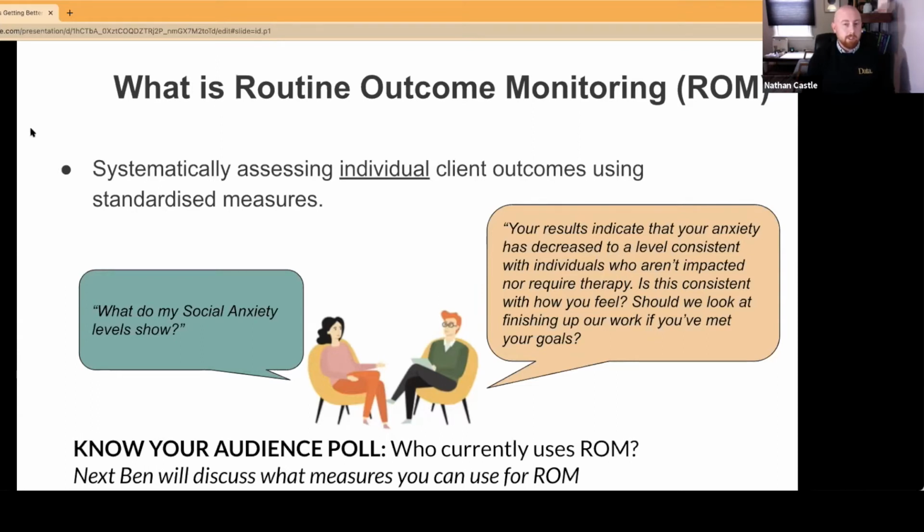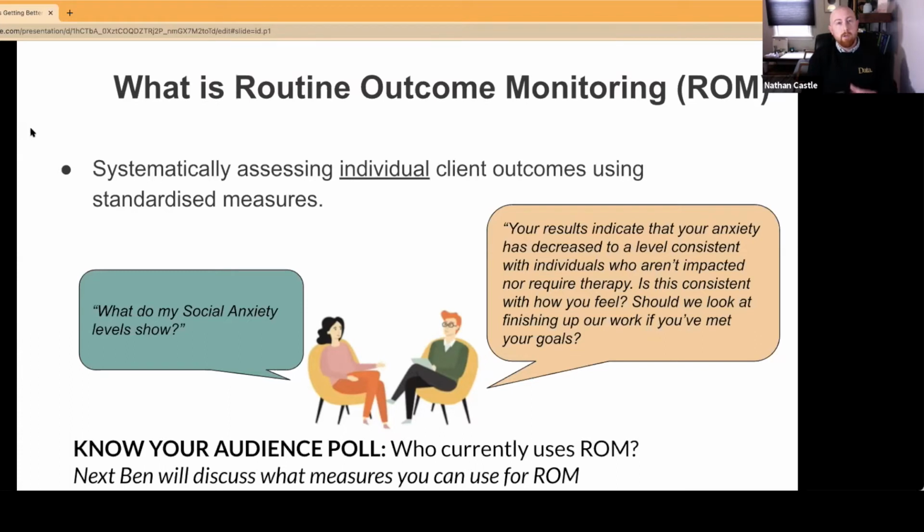And the clinician's actually able to say, based on the results of this social anxiety measure, your results indicate that your social anxiety has decreased to a level consistent with individuals who are not impacted nor require therapy. Is this consistent to how you feel? And should we look at finishing up the therapy or the work here if you've met your goals?